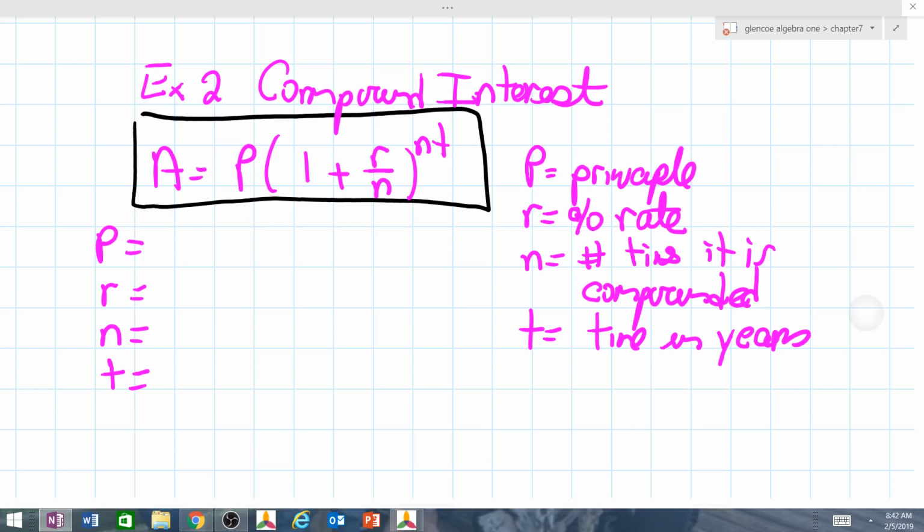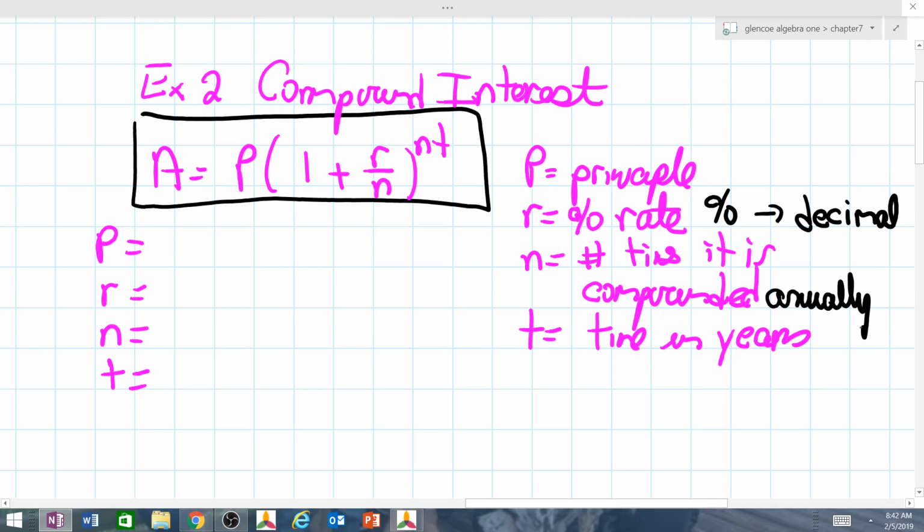R is the percentage rate, and you're going to go from a percentage to a decimal. N is the number of times your interest is compounded annually. And T again is the time in years.